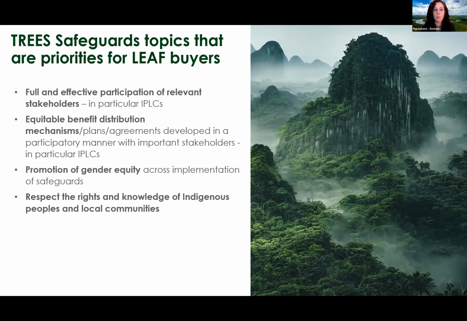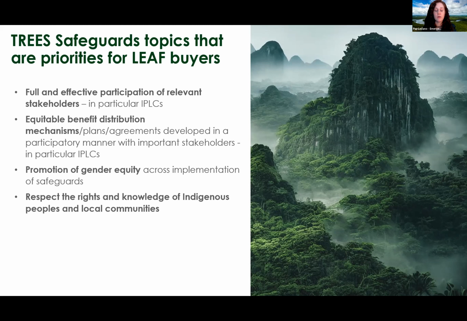We also care about benefit distribution mechanisms, plans, or agreements that are developed with stakeholders in a participatory manner. And like I said, in particular with a focus on Indigenous people, local communities, and other marginalized groups. And we also care about the promotion of gender equity across the implementation of safeguards and the implementation of the REDD+ activities.